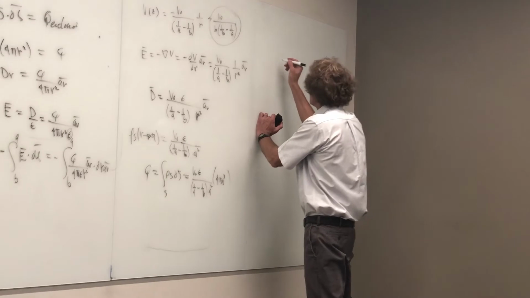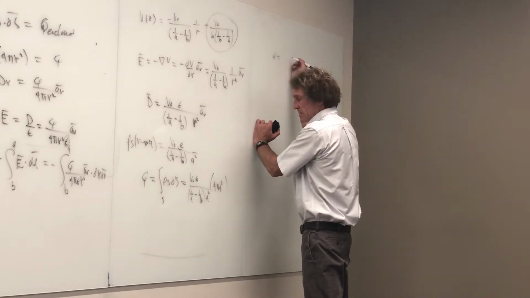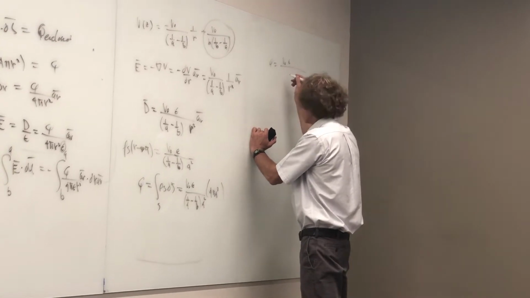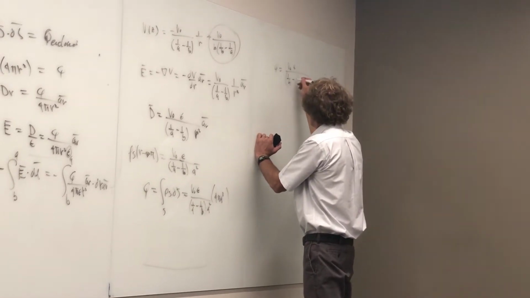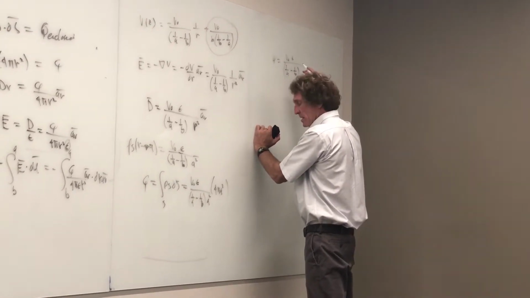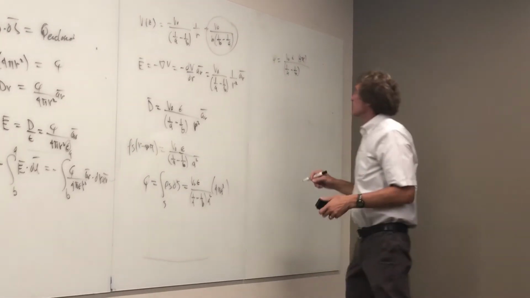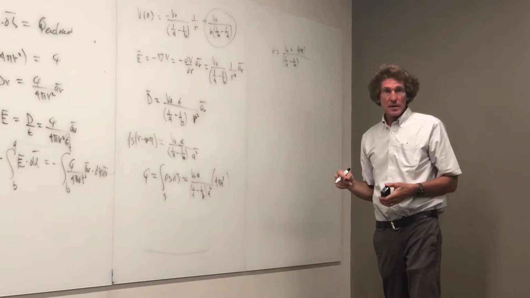So I see that Q is equal to V naught epsilon over 1 over A minus 1 over B times 4 pi. And that's Q. Agree?